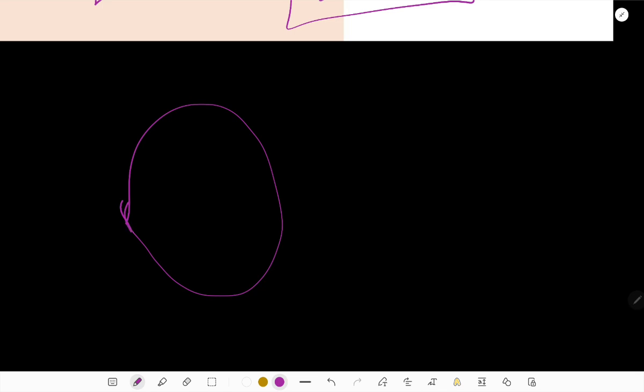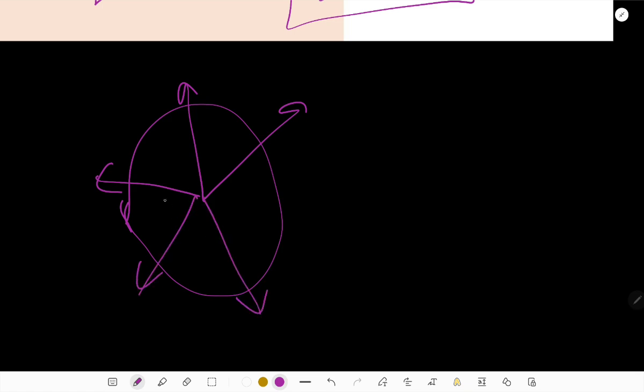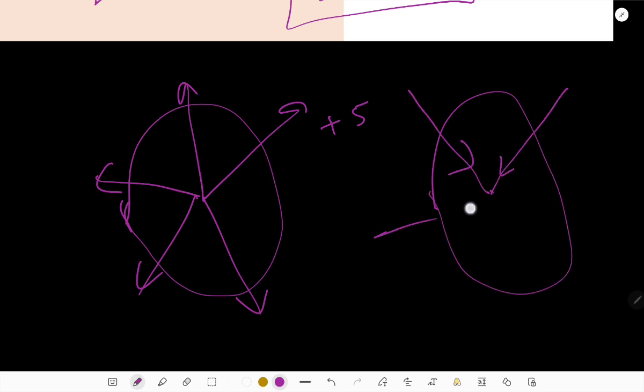Suppose it's a closed surface, and if lines are coming out of the surface, they are counted as 1, 2, 3, 4, 5 and written simply as +5. If the lines converge at some point of the closed surface, you can count those lines as 1, 2, 3, 4, 5 and call it -5.